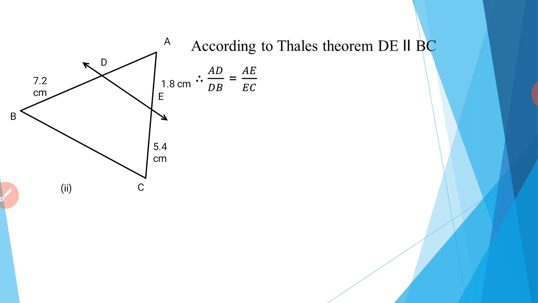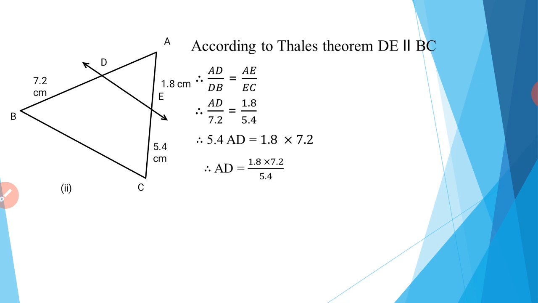Let us see figure 2. According to Thales theorem, DE is parallel to BC. Therefore, AD upon DB equals AE upon EC. So let us substitute the values. AD upon 7.2 equals 1.8 upon 5.4. Therefore, 5.4 AD equals 1.8 multiplied by 7.2.